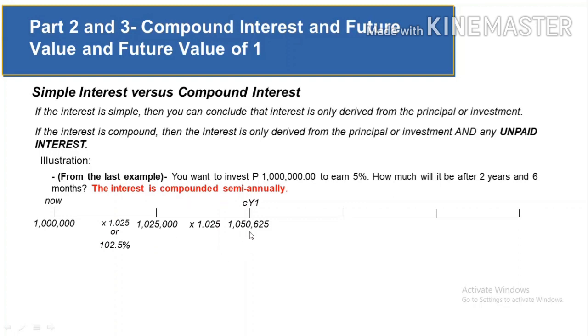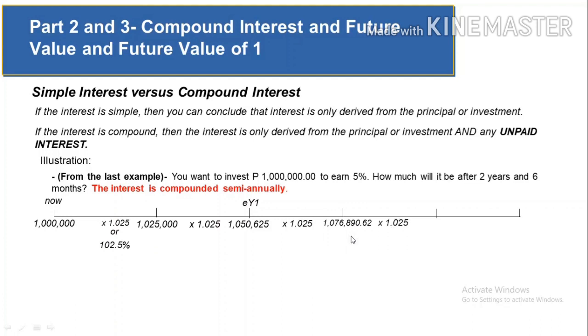Let me remind you again that compound interest is the interest charged not only on the principal but also on the unpaid or uncollected interest. So let's continue the timeline until we get the final answer. 1,050,625 times 1.025, you're gonna get 1,076,890.62.